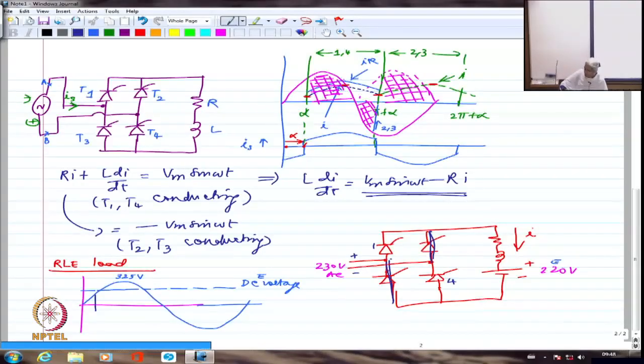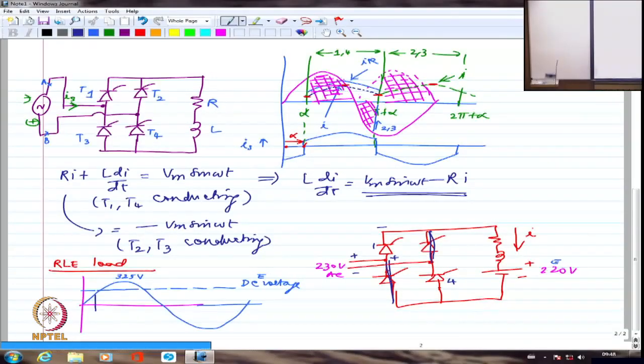So plus is connected here, and through this device, which is short circuited, this is going to be connected to minus. So device number 1 is forward biased irrespective of whatever voltage is there in the inductance or anything. It doesn't care.